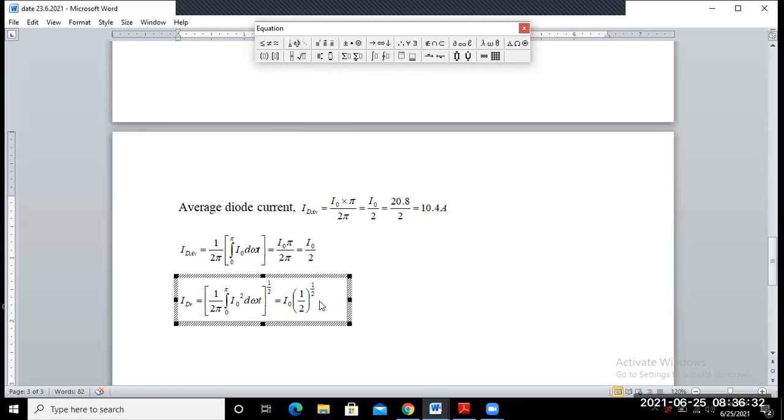So I0 divided by root 2. Is it not? I0 divided by root 2. Now just put the value of I0.